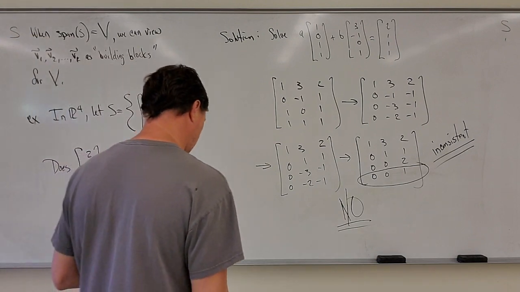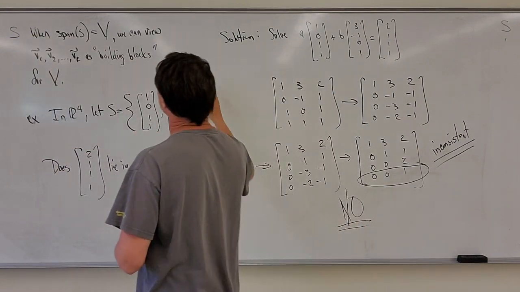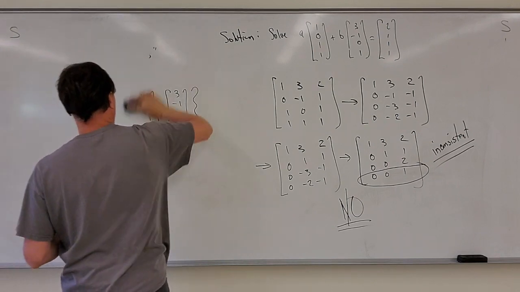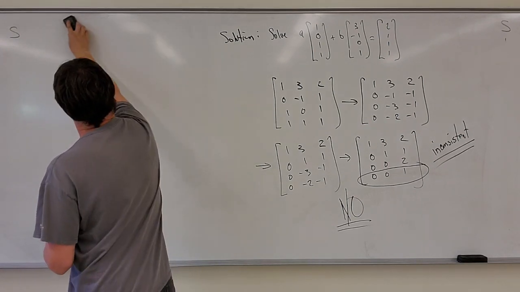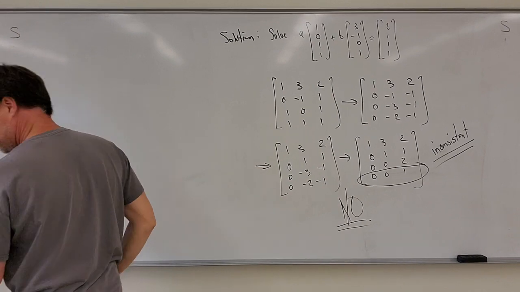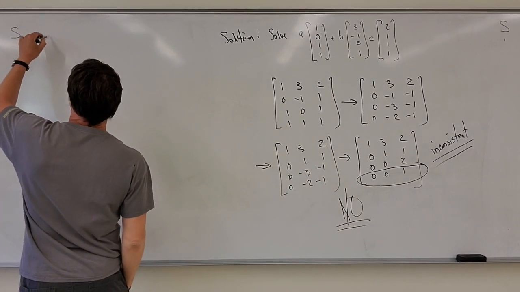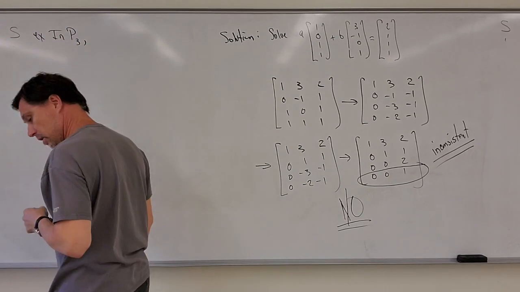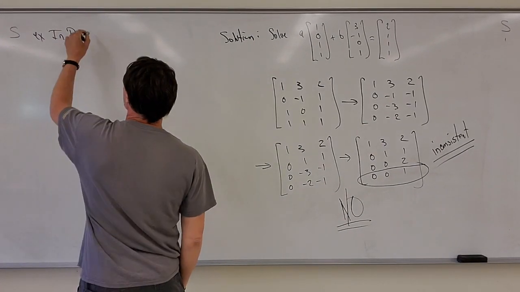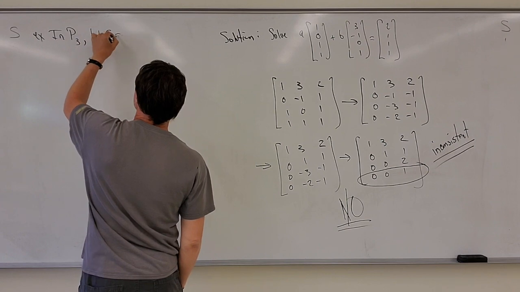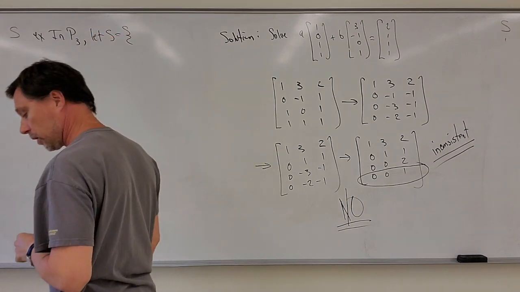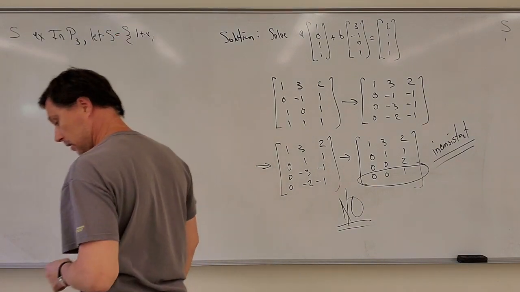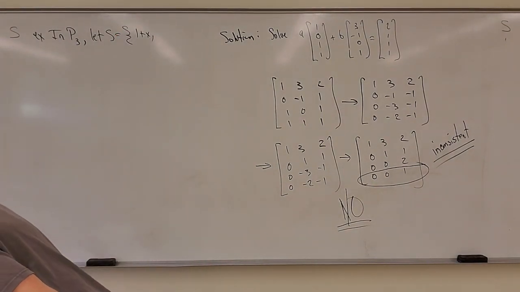And this will be another example of answering question 1. This will be in P3. In P3, let S consist of the following polynomials: 1 plus x and 1 plus x squared.